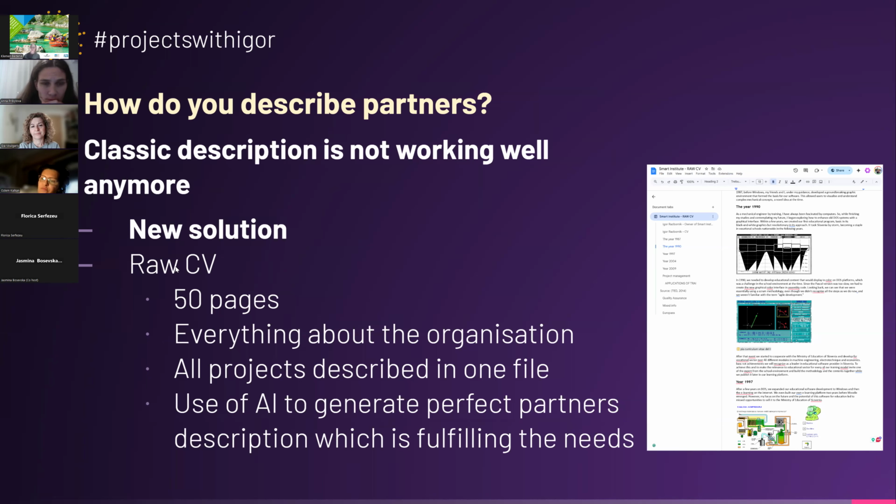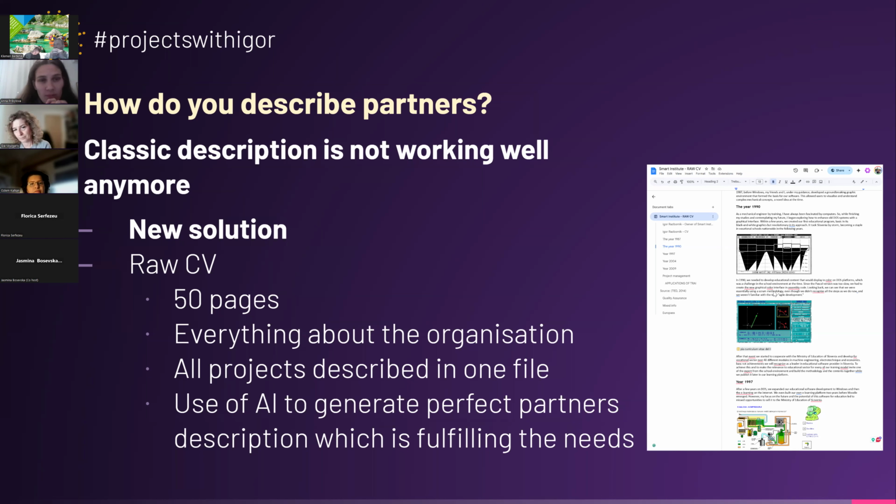The raw CV is about 50 pages written with everything about my organization, what I did in the past, what projects I did, what results I achieved, what education I have, and other things. And all this is one file. So you don't need a short file for this or that.